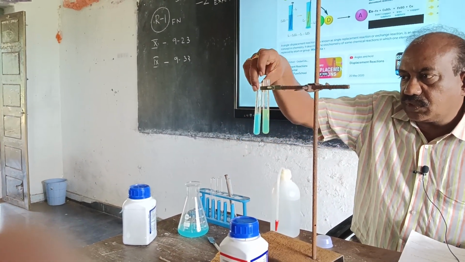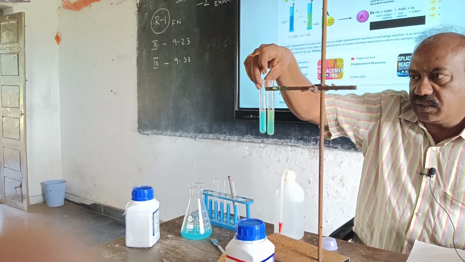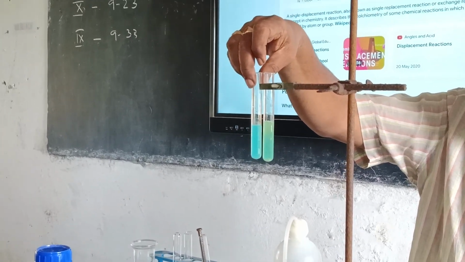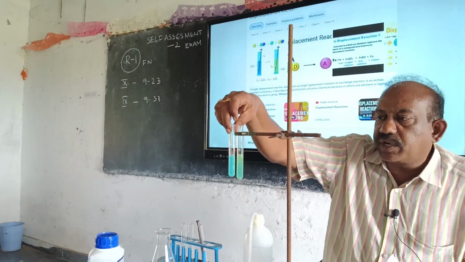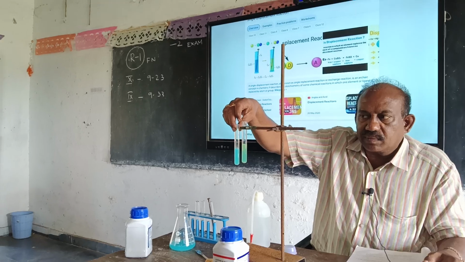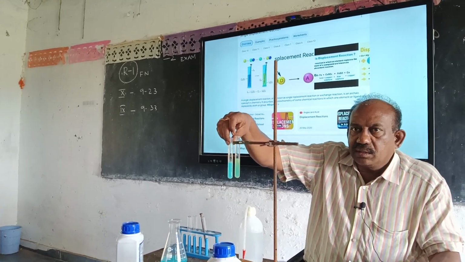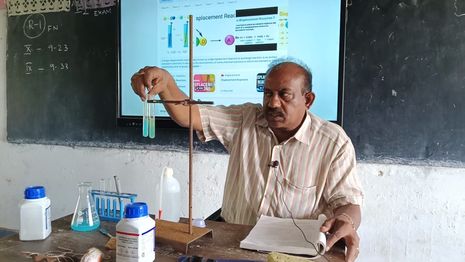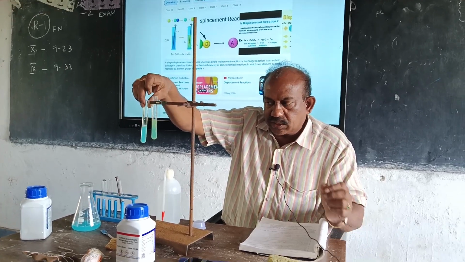So now see the difference. So you will easily observe how the displacement reaction happens in copper sulfate, how the iron displaces the copper.